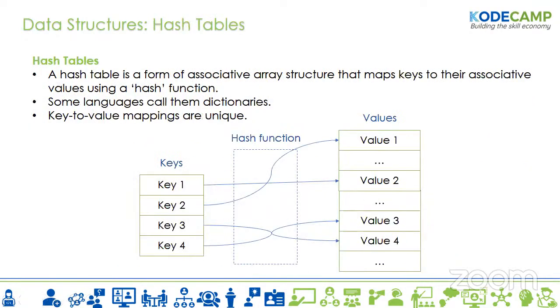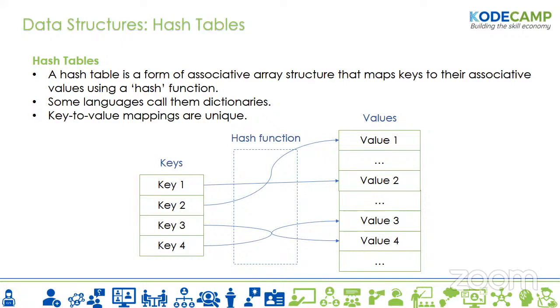Now, one last structure we'll be looking at today is called the hash table. What is a hash table? The hash table is a form of associative array structure that maps keys to their associated values using a hash function.